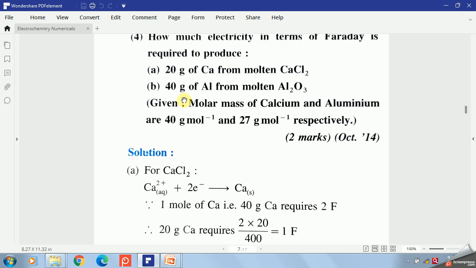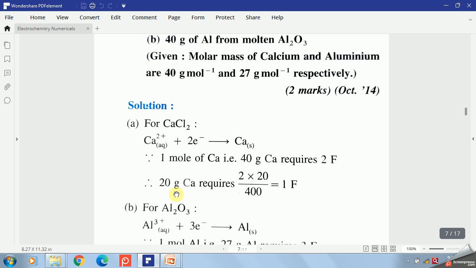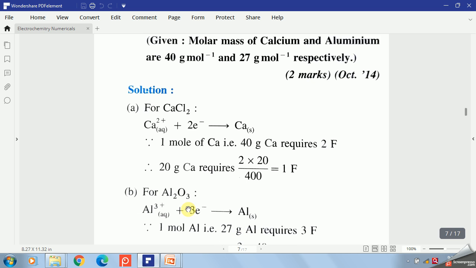Now similarly, for 40 gram of aluminium, you have to calculate. So for Al2O3, Al is 3 plus. So Al3 plus plus 3 electrons gives Al. So to produce 1 mole of aluminium, 3 moles of electrons are required, and 1 mole corresponds to 1 Faraday.